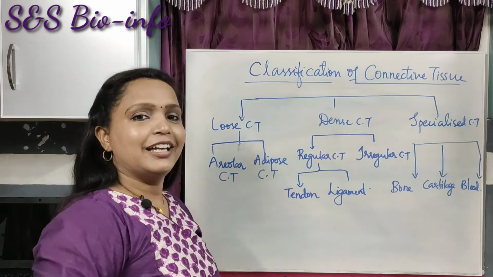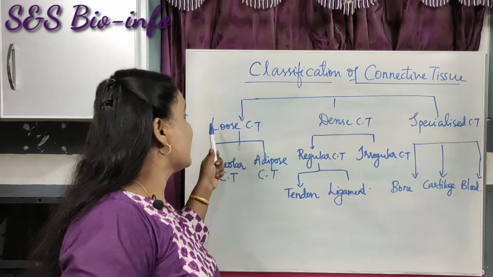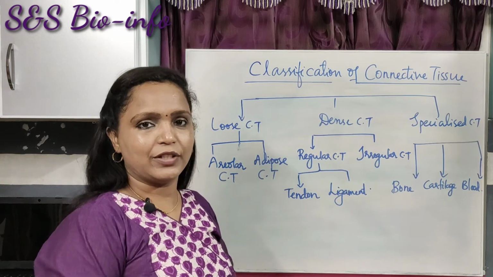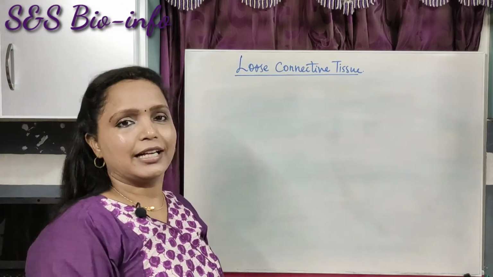Now let's study in detail about each category of connective tissue, such as loose connective tissue, dense connective tissue and specialized connective tissue. First of all, let's learn about loose connective tissue.